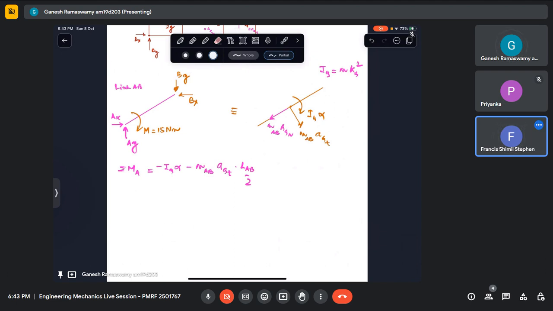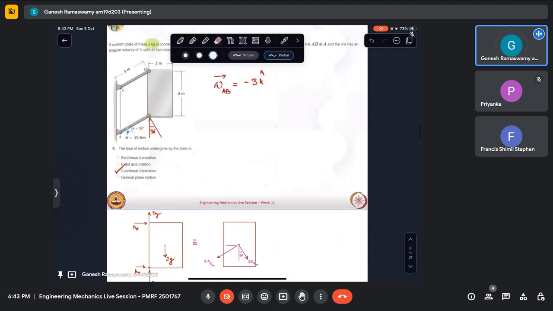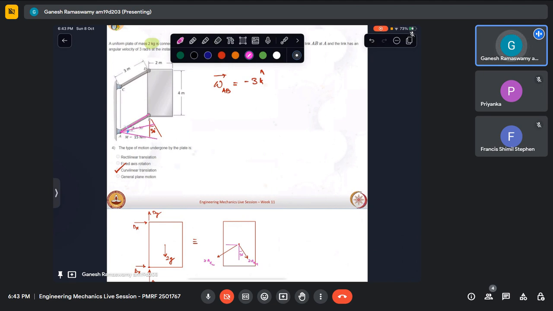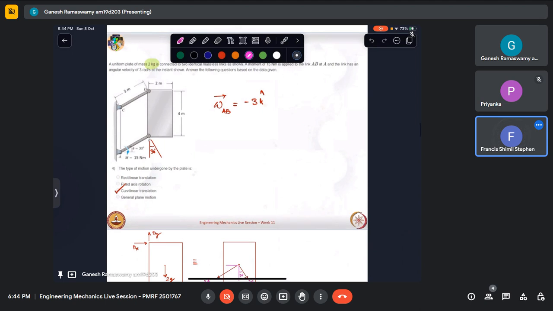Yes, the link is rotating, right? Currently it is like this, at the next instant it will be like this, next instant like that. So it is having some omega and alpha, right? Yeah, exactly.